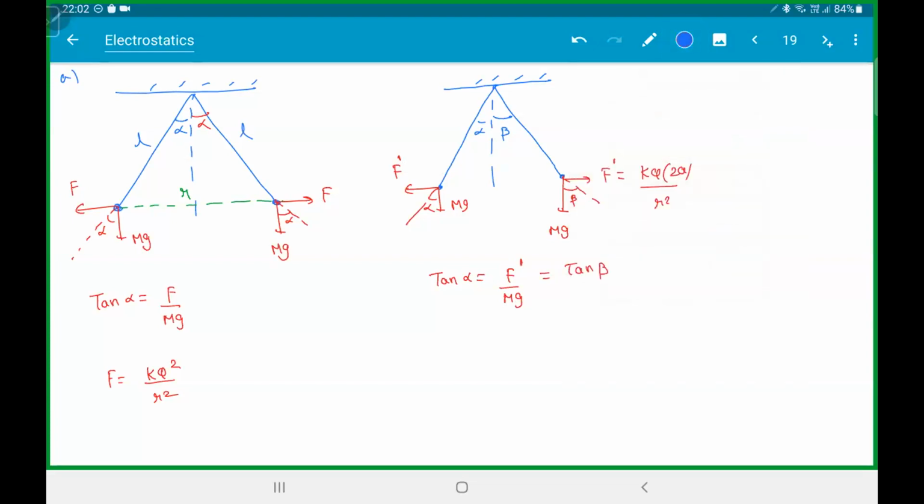So basically in the first two cases, alpha is equal to beta. And if you observe here, this tan alpha is actually proportional to 1 by mass. It doesn't depend on the repulsion force, it depends on the mass. So the more the mass, the lesser the angle.